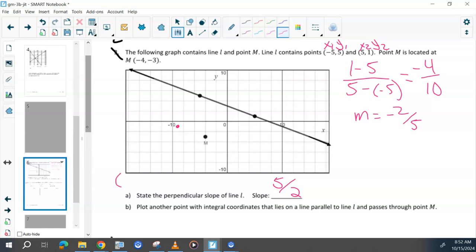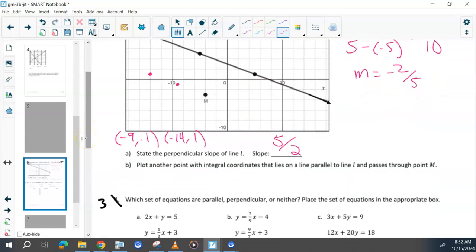So negative 9, negative 1. Negative 14, positive 1, and then I couldn't keep going, I'd be off the graph.